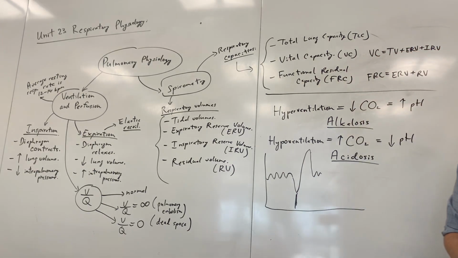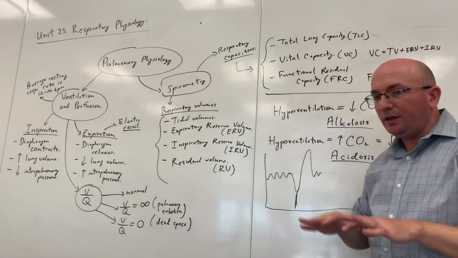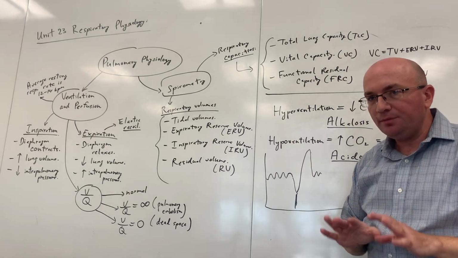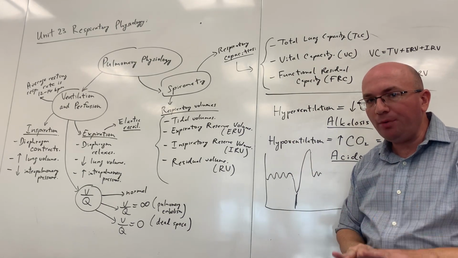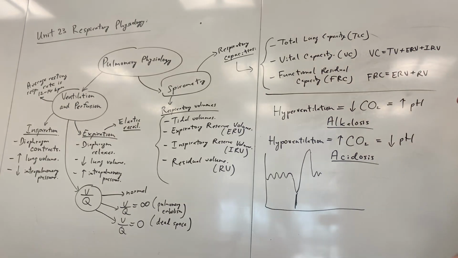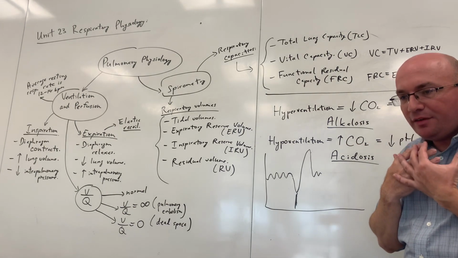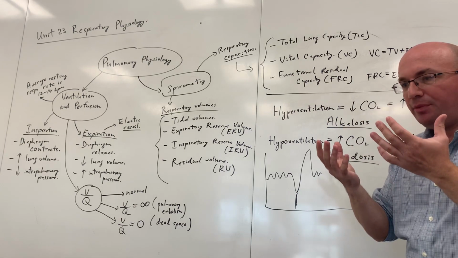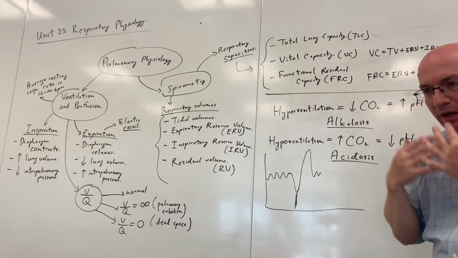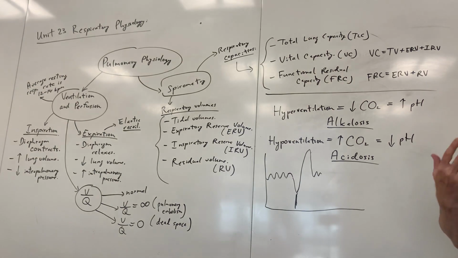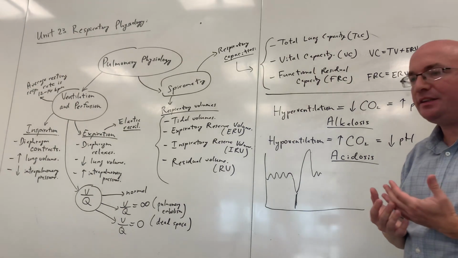In the other state, if a person is hypoventilating, breathing very slowly, slower than normal, they're breathing so slowly that they don't have enough time to get rid of that carbon dioxide. So it's staying more and more in the body. More carbon dioxide is accumulating. Remember, carbon dioxide is acid in the blood.